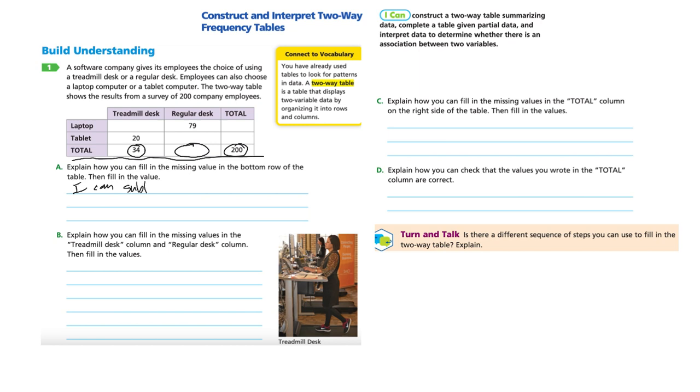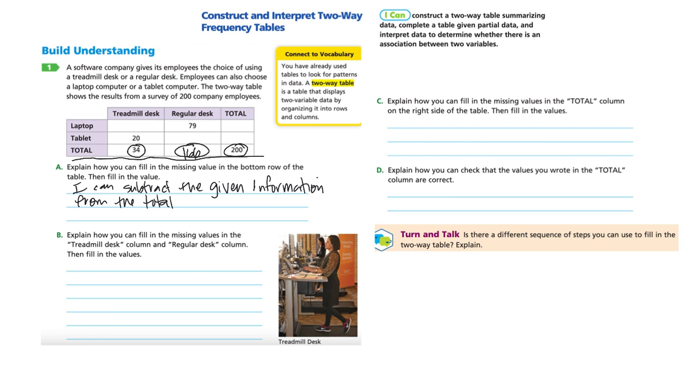I can subtract the given information from the total. And so if I subtract 200 minus 34, I get 166.